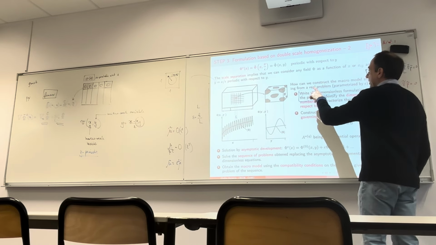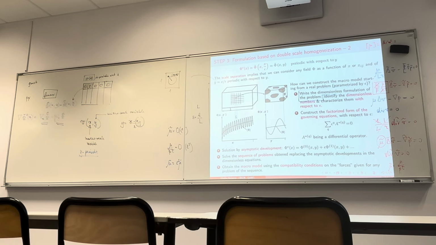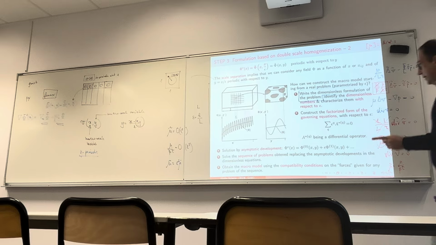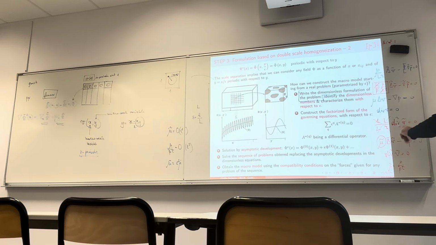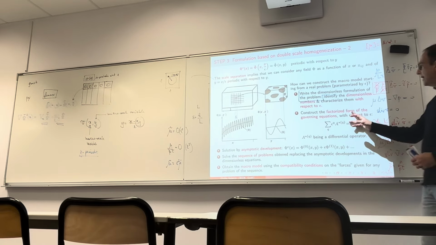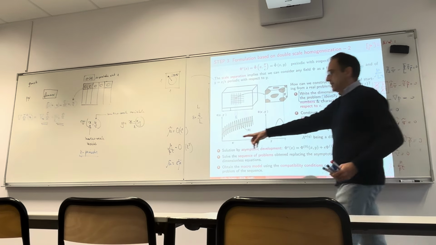So for the moment, write the dimensionless formulation of the problem. Okay, done. Identify the dimensionless numbers, in this case just one, mu tilde, and characterize them with respect to epsilon. Go. Factorize the governing equation with respect to epsilon in this sense.